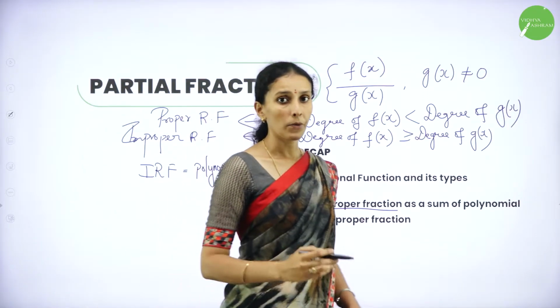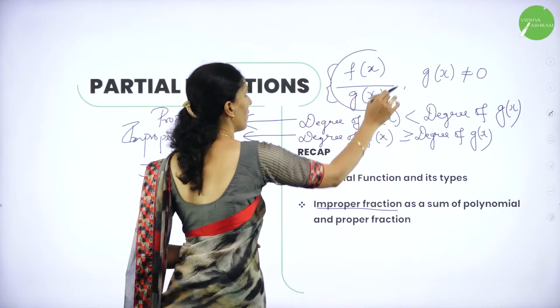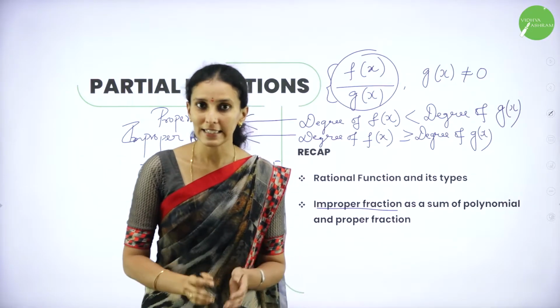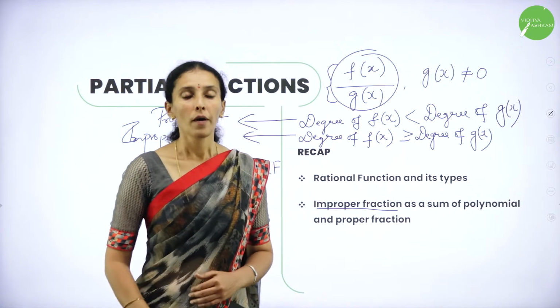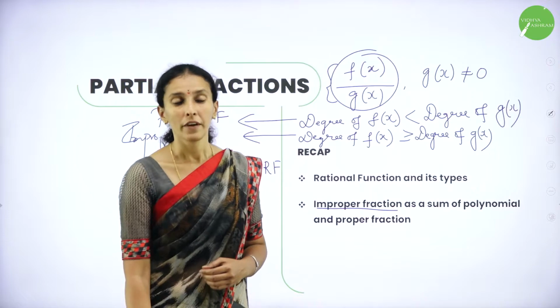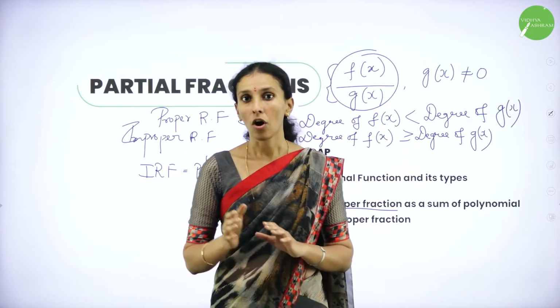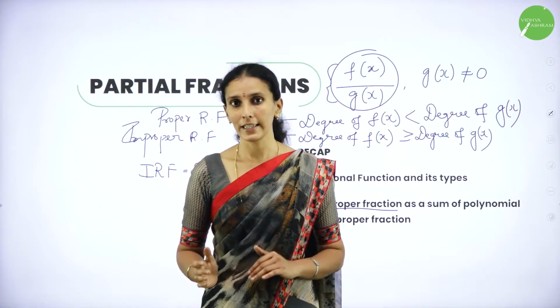So now the process of resolving these rational functions into simple fractions is nothing but resolving into partial fractions. So before going to resolving any rational function, we have to know about some different cases or types about the numerator and denominator.